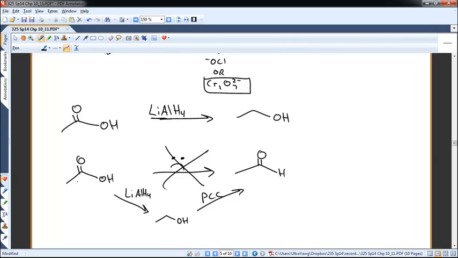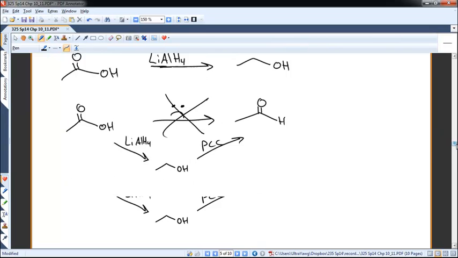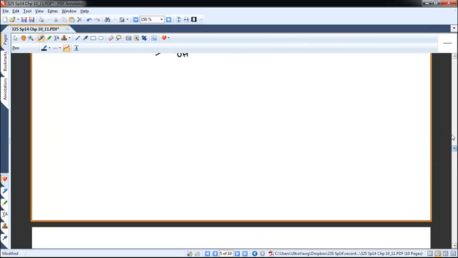So let's take a look at some cool stuff we can do now that we know oxidation reduction chemistry. Let's start with a simple alkene, like cyclohexene, and MCPBA, which hopefully you should remember the structure of. It can give me an epoxide. I'm not going to worry about stereochemistry.